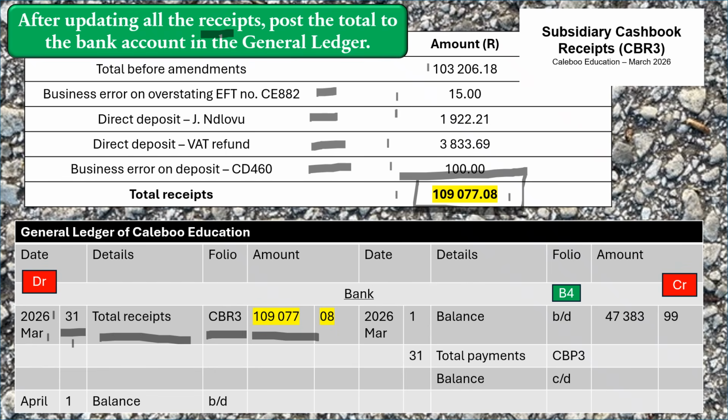Cash book receipts number 3, or cash receipts journal number 3, however you want to name your cash book, it's up to you. 109,077.88. So we've taken the receipts, added it up, and entered it into the bank account at the end of the month.